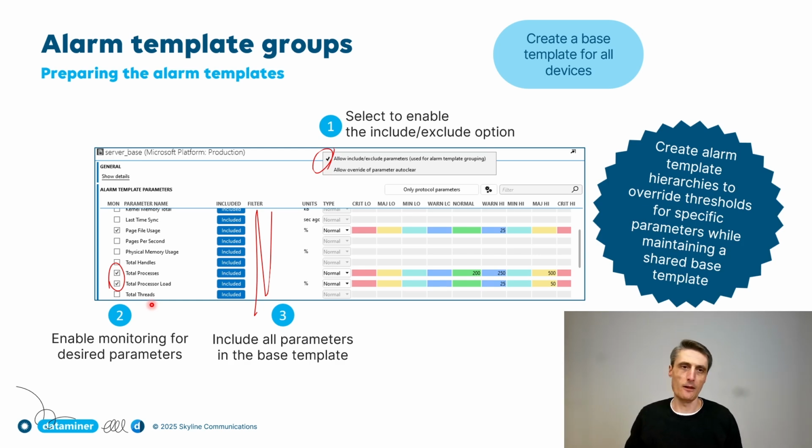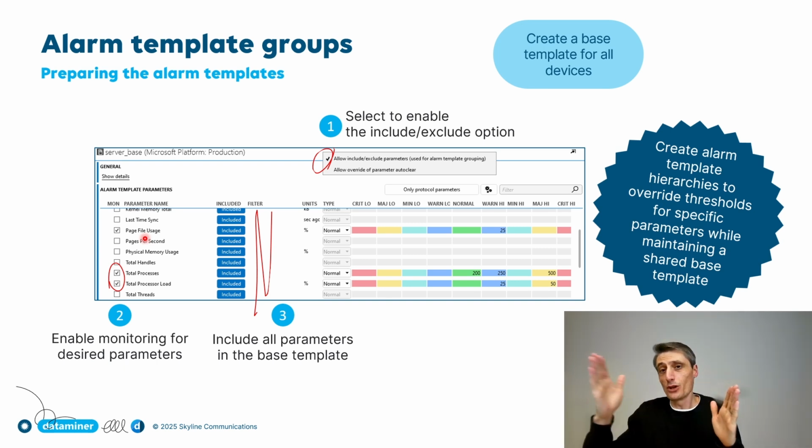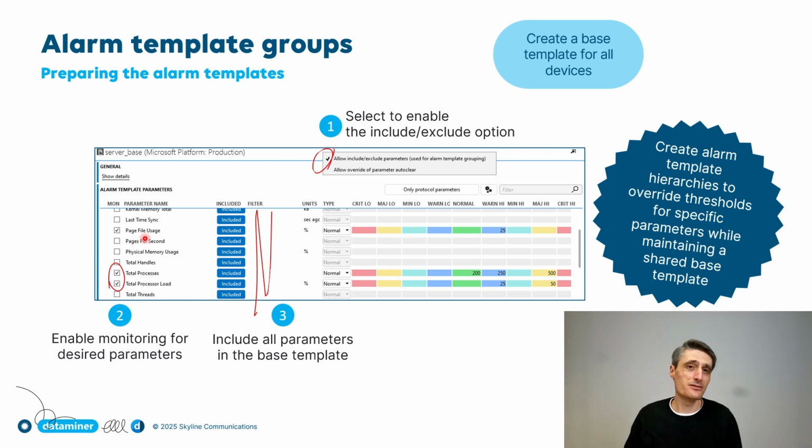One base for all. But of course you will have deviations and exceptions, etc. So instead of making, for one single small exception, like a bitrate that needs to be a little bit higher on one of your elements, a full duplicate of your complete alarm template with all of the parameters duplicated just to change one single parameter, if you do lots of these actions and need to manage all of those templates, then it becomes difficult.